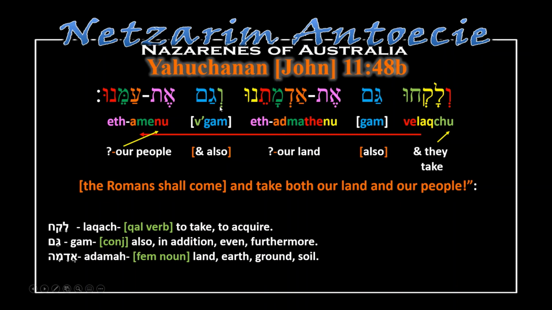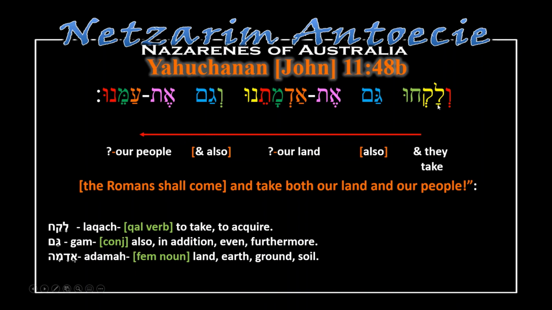So it can be used in different forms. And also, et grammar marker, amenu. Now am means people, and nu means our. So it means our people. The Romans shall come and take both our land and our people.